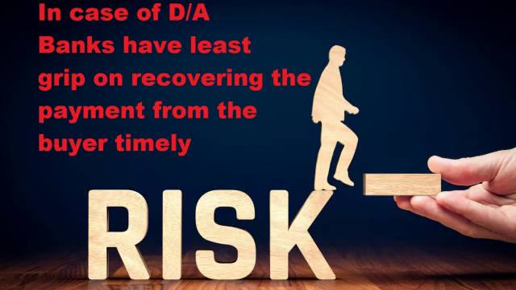The goods are physically released to the buyer, and after some time, let's suppose 60 days, when the payment matures, if there is some conflict or dispute and the buyer refuses to pay at maturity, sometimes the bank does not have the strength, ability or binding condition to recover the payment from the buyer, and ultimately the shipper has to suffer.